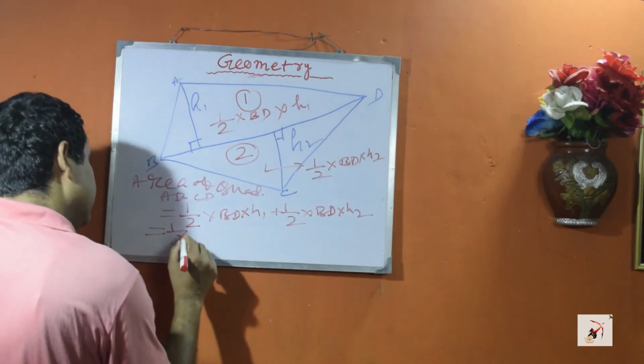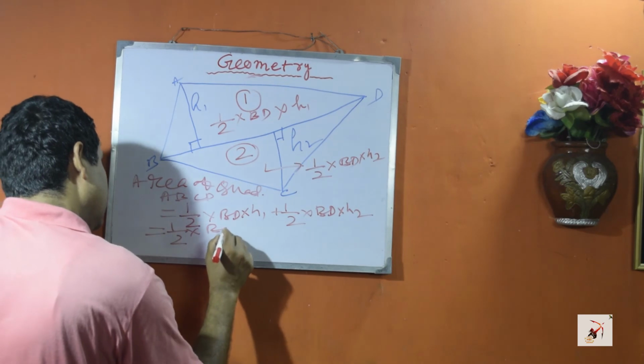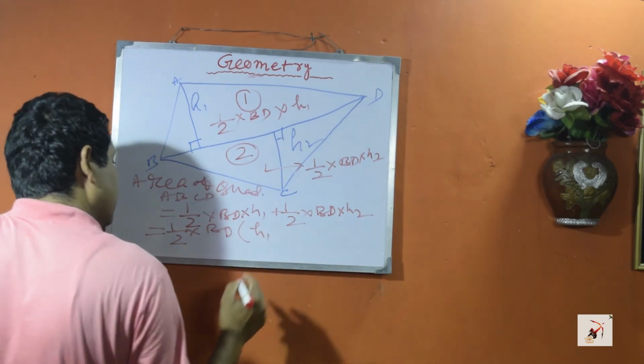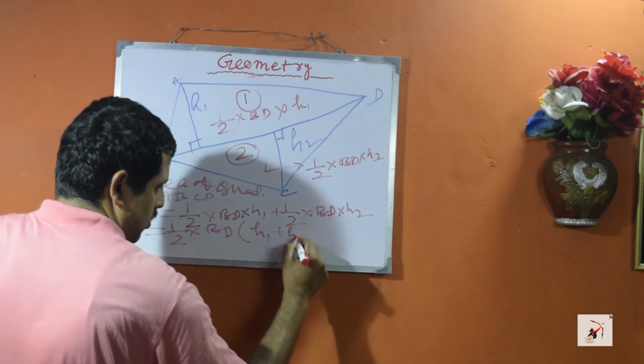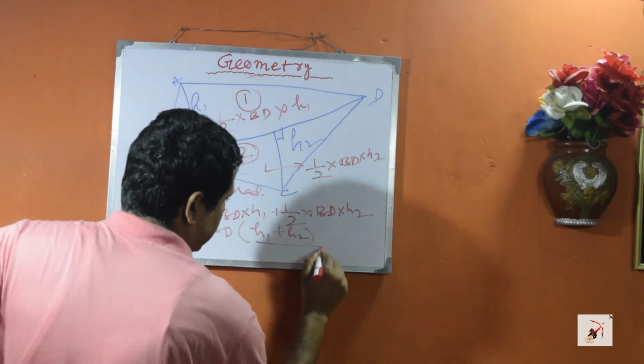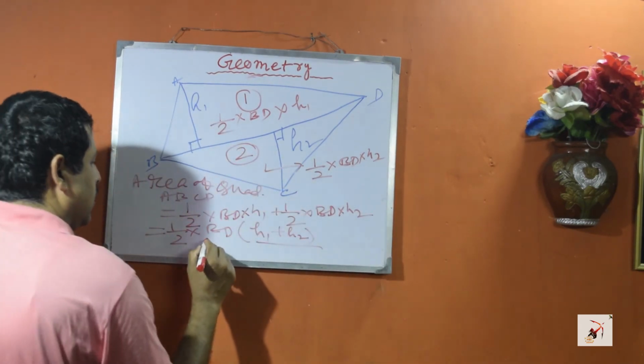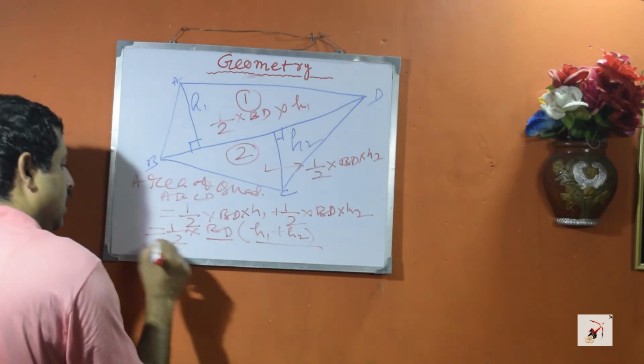We take BD common, half into BD, then in bracket H1 plus H2. That is, half into the length of the diagonal BD into the sum of the lengths of the altitudes.